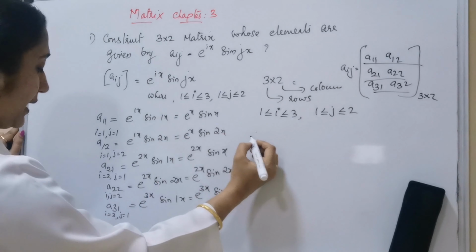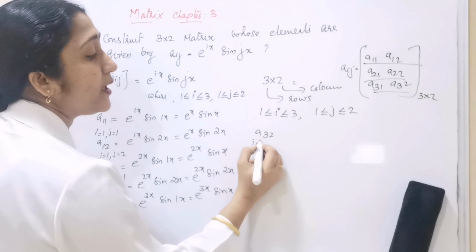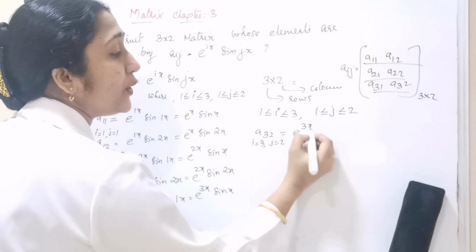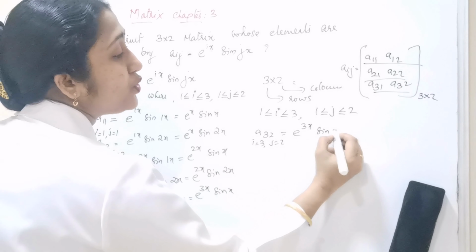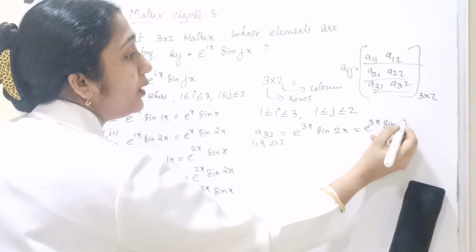Next, A32, where i is equal to 3 and j is equal to 2: e raised to 3x sin 2x, that is equal to e raised to 3x sin 2x.